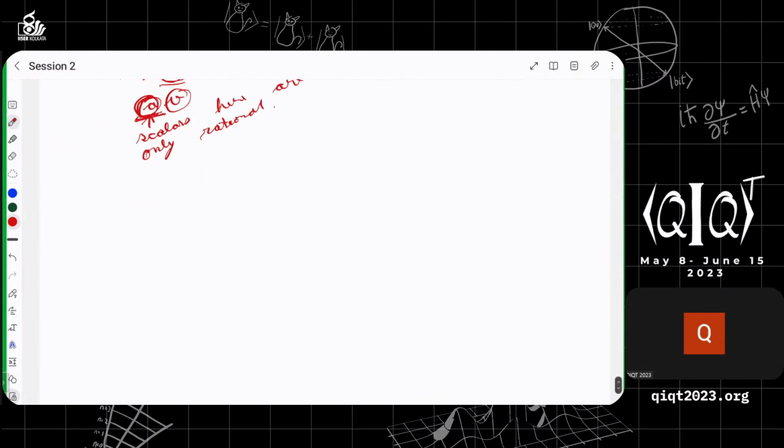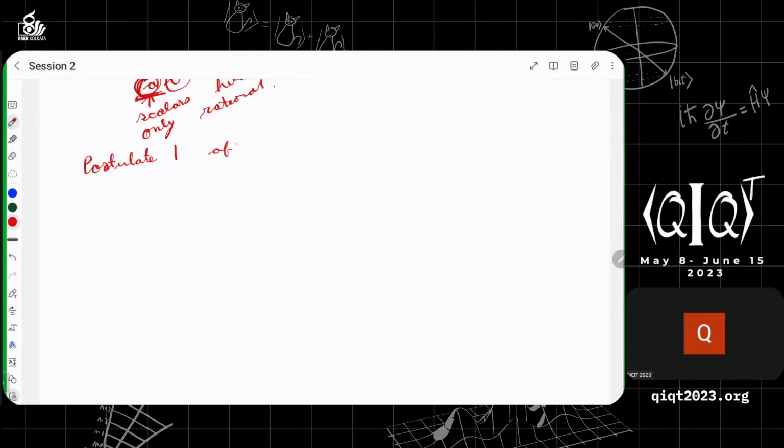Okay, so let's move on then. And now we are back to the good parts. So let's write down the first rule or first postulate of quantum mechanics. There are certain postulates which we assume to be true, and it has been found that assuming those postulates, you can explain all experimental results.